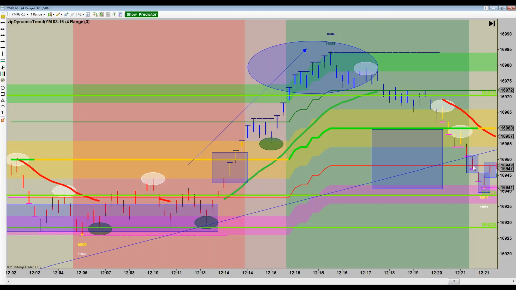In this scenario that I have right here, A, B, C, I'll give you 10 seconds. Which one of the three is the reversal bar? A, B, C. 8 seconds left.